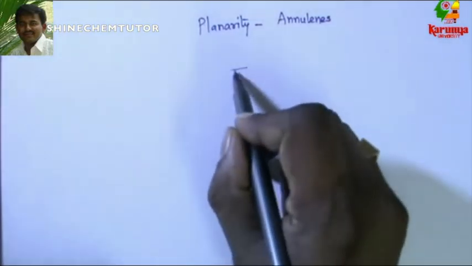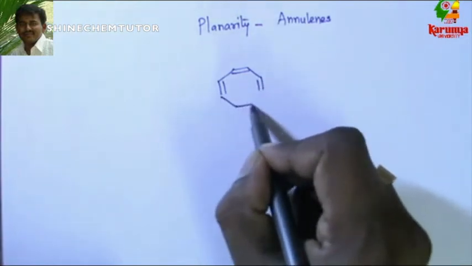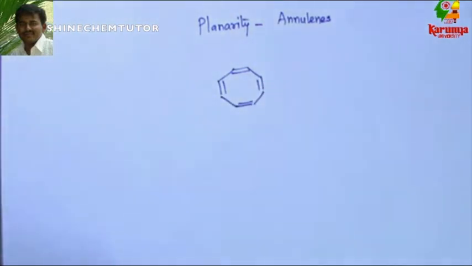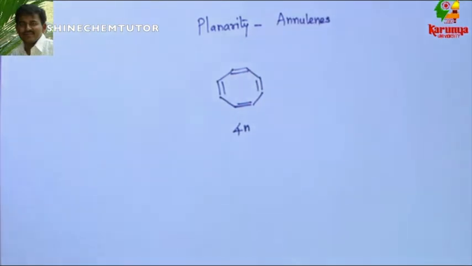Let us consider this molecule. Cyclooctatetraene. The number of electrons in this is 4n.